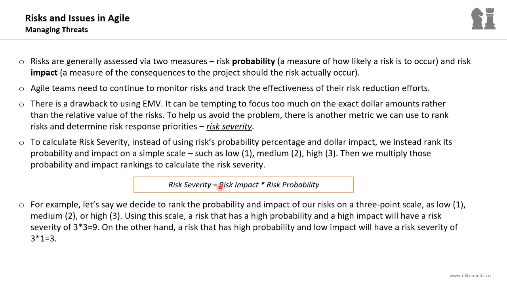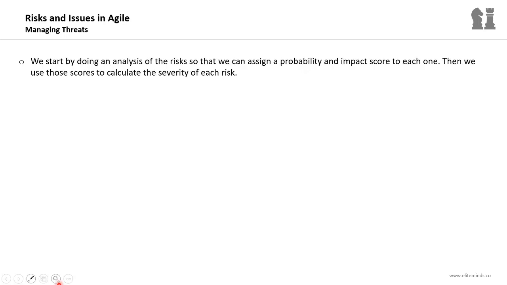Scale number 1 is low, scale number 2 is medium, and scale number 3 is high. Using this scale, a risk that has a high probability and a high impact will have a risk severity of 9, because a high probability is 3 and a high impact is 3. So 3 by 3 is 9. On the other hand, a risk that has high probability and low impact will have a risk severity of 3, because a high probability is 3 and a low impact is 1. So this is how we can calculate the risk severity.